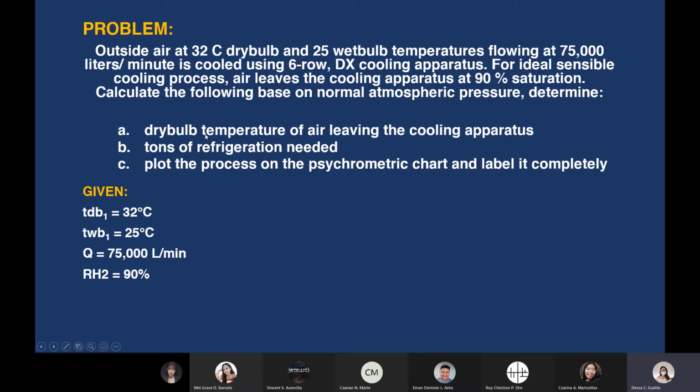We can find the dry bulb temperature using the psychrometric chart. For the tons of refrigeration, we will calculate using the psychrometric chart again.